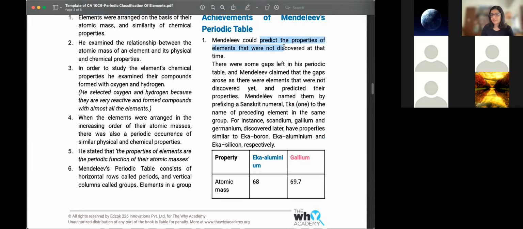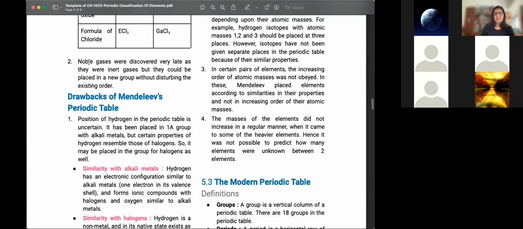Okay. So that was a major achievement of Mendeleev. He could predict the properties of elements that were not discovered yet. The next one is noble gases, which were discovered much later because they were inert, they didn't form any compounds. Unless somebody could figure out what gases are in the air around us, people didn't know of noble gases.